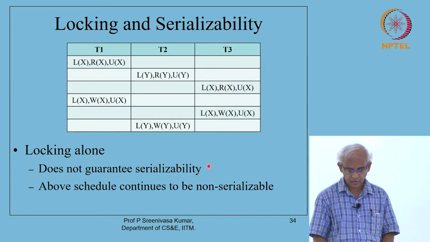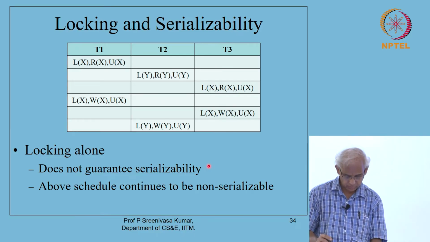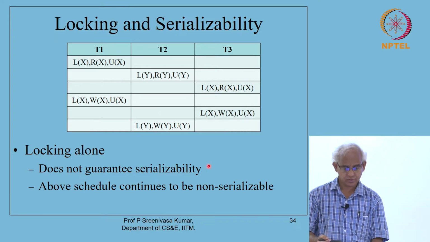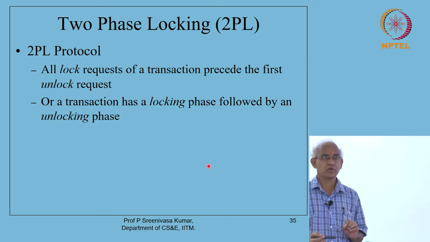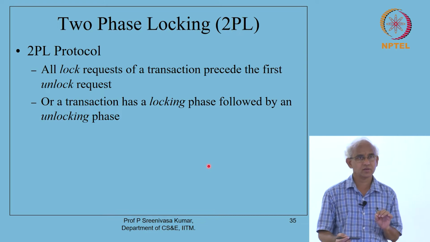So here comes a very important idea as to how to make use of locks and actually be able to realize conflict serializable schedules. We introduce what is called two-phase locking. Have you heard about two-phase locking in any other context?